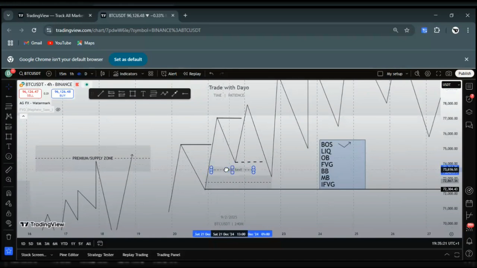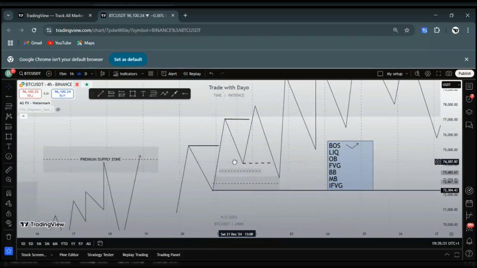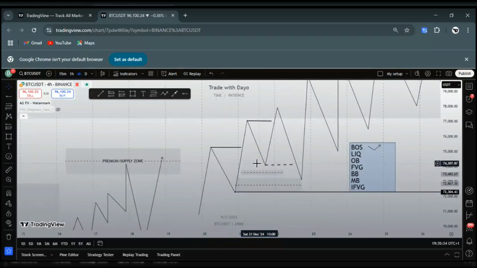So when you see a fair value gap, to make the zone stronger is to actually see something like maybe a breaker block or a mitigation block, either a breaker block or mitigation block.